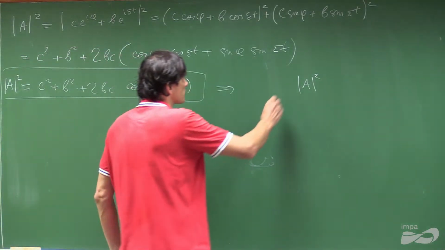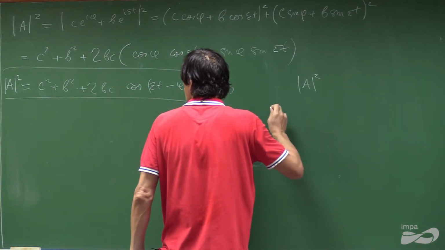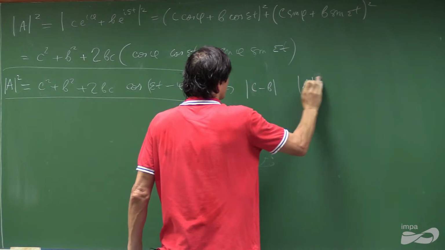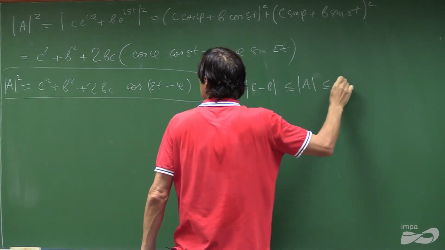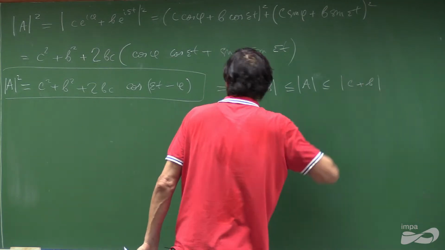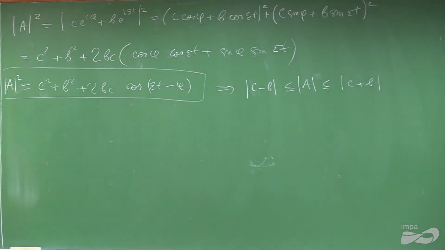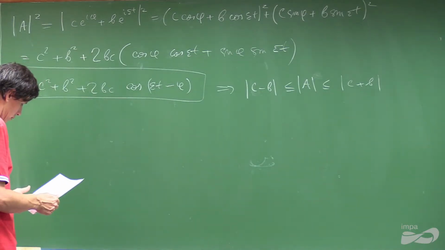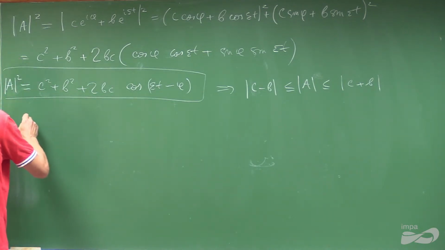Then the square changes between C minus B and C plus B. You agree? Then that gives us the final form of the solution.